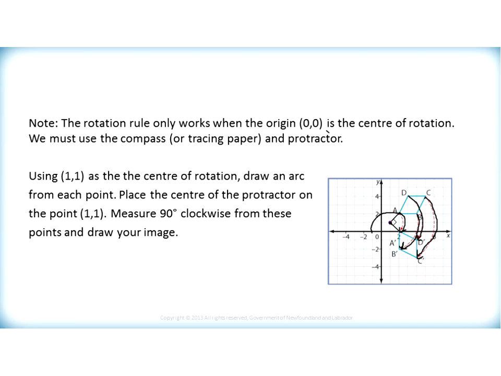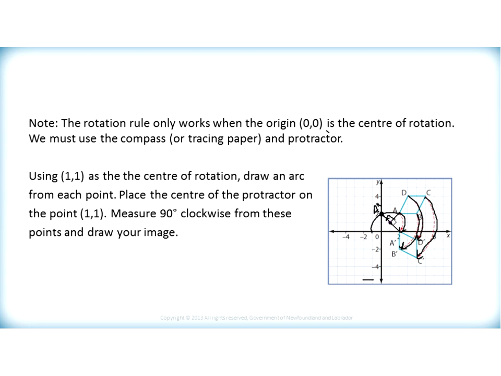And with my protractor at the point right here, for A, I'll call this A double prime, since I was on the same graph. Okay, so that's a 90-degree counterclockwise rotation.